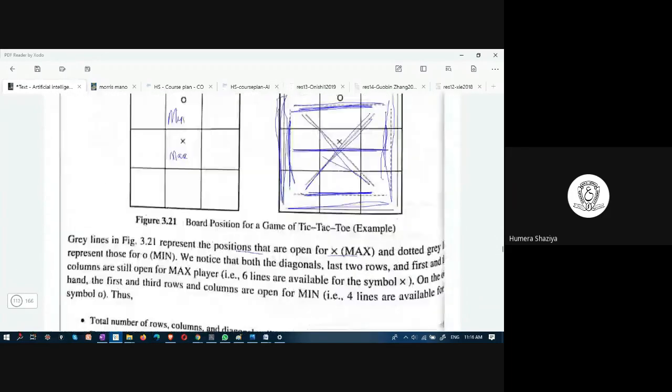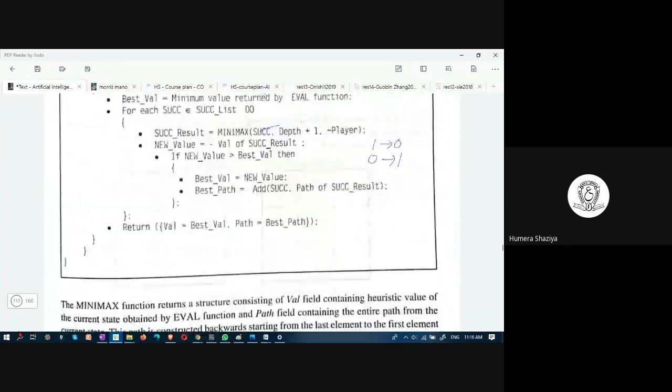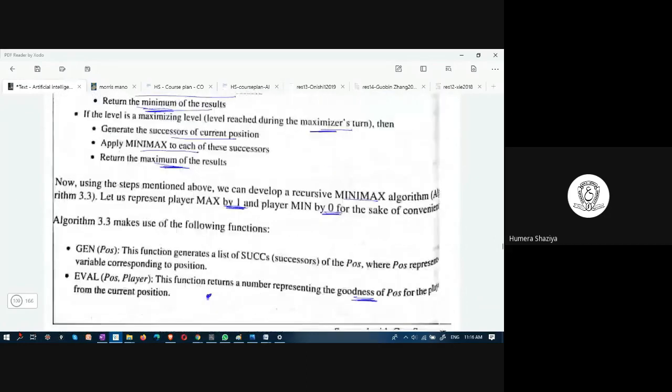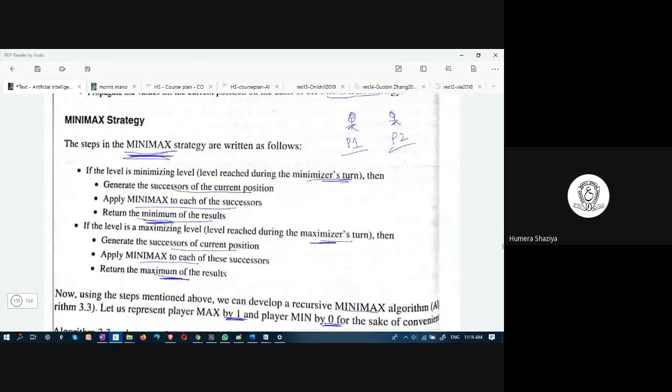And also we looked at the Minimax procedure yesterday. Minimax procedure is a strategy in which there are two players, the max player and the min player. Max player tries to maximize his score and min player tries to minimize max's score. So there is a player and the opponent.